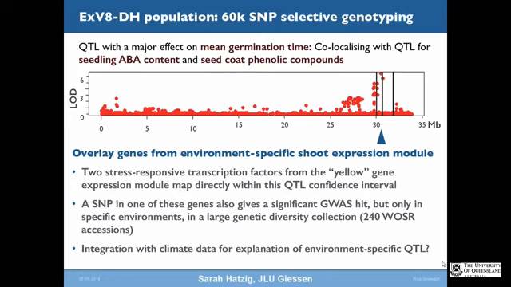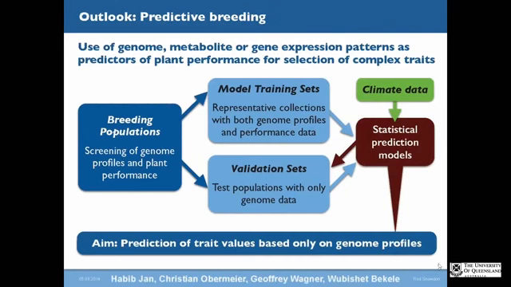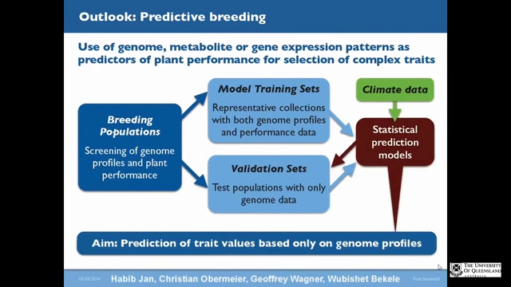And this is something that we're just beginning to work on, trying to integrate climate data with modeling for trait prediction in order to help breeders to really give farmers advised choices about what seeds they should be buying for what particular environment. So finally, this is kind of where we're trying to head.